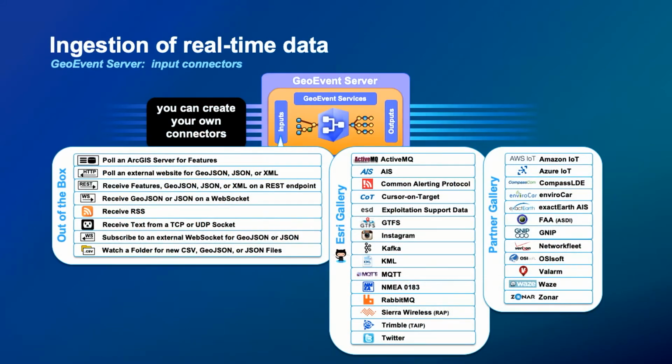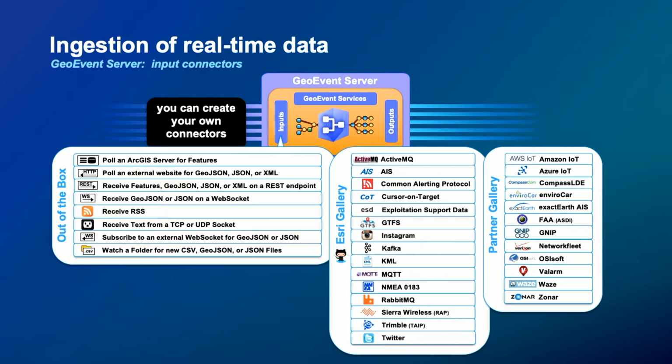GeoEvent receives real-time data using the inputs that are defined by input connectors. Out of the box, we have input connectors that receive or pull data in RSS, text, JSON, or feature JSON formats from sources like TCP or UDP sockets, REST endpoints, web sockets, or ArcGIS servers.